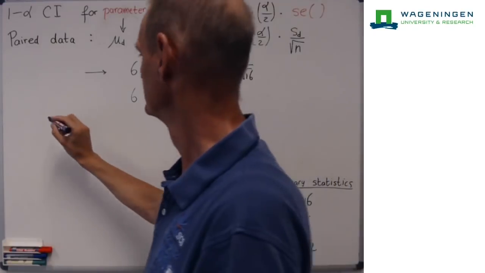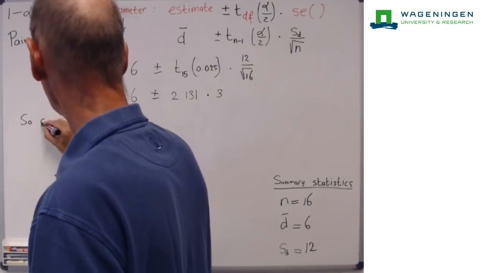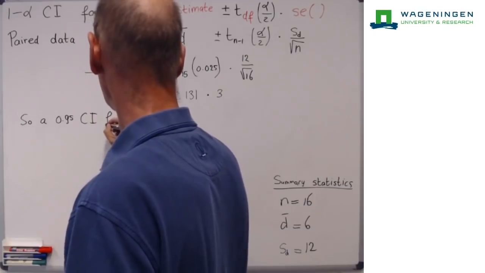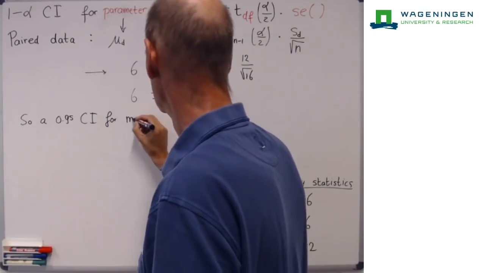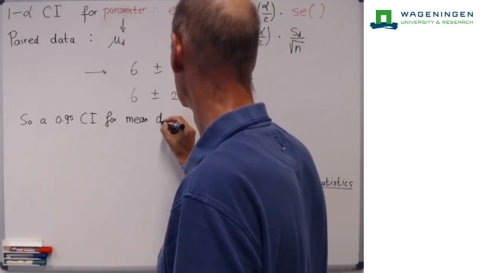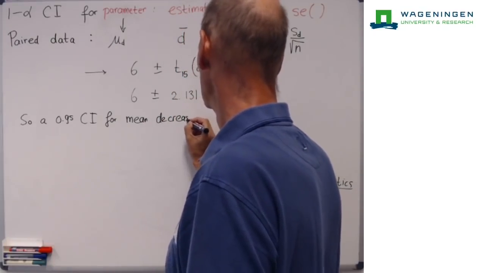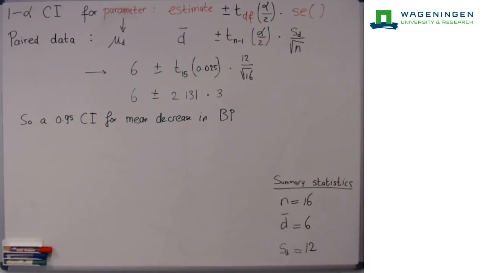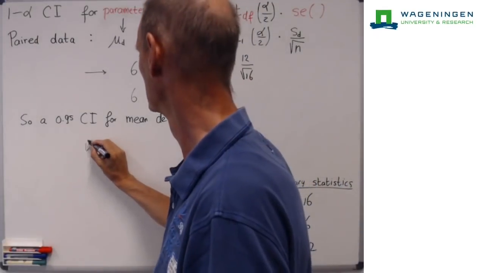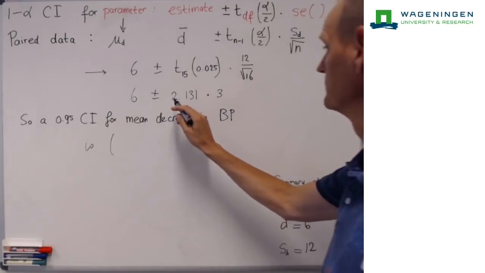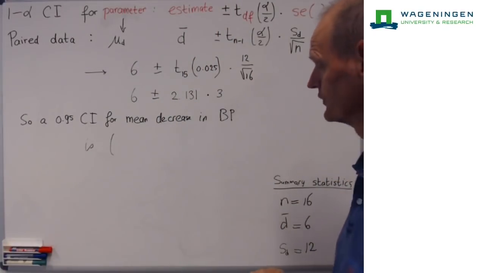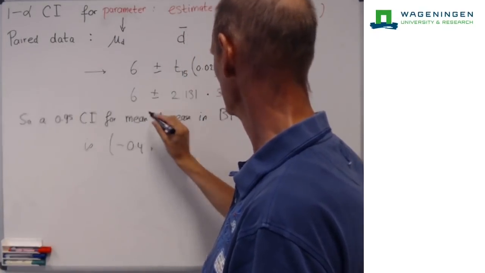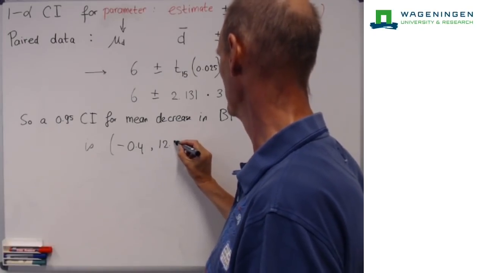So a 0.95 confidence interval for mean decrease in blood pressure is 6 minus, and here this is 6.4, so we get minus 0.4 up to 6 plus 6.4 is 12.4.